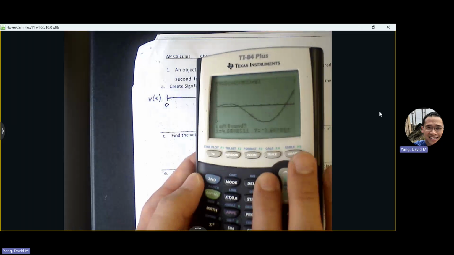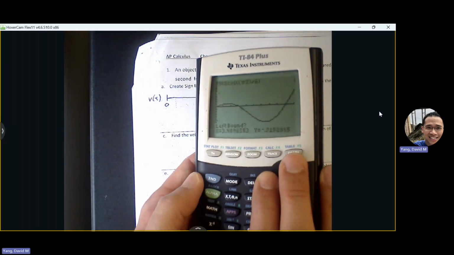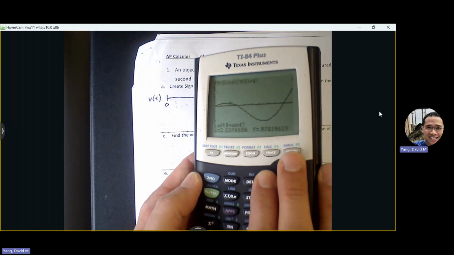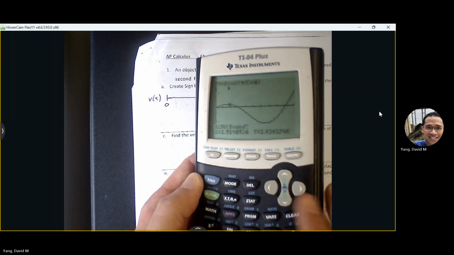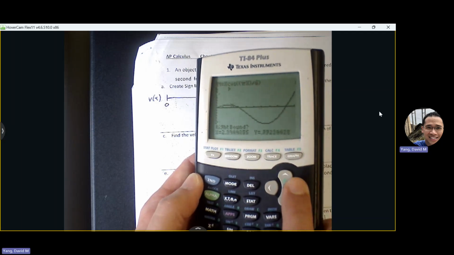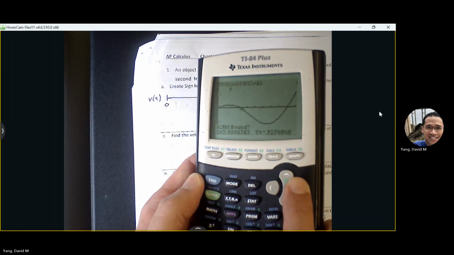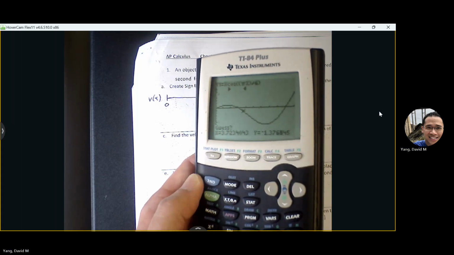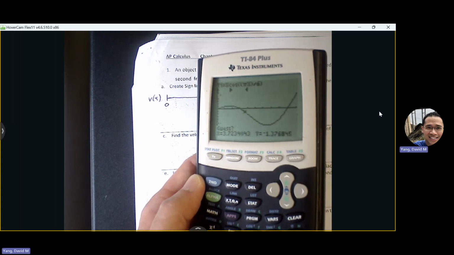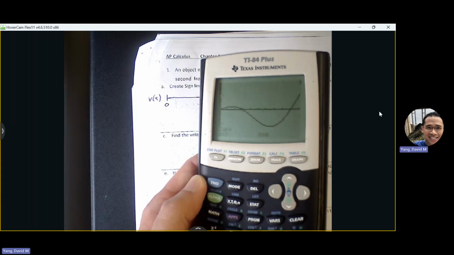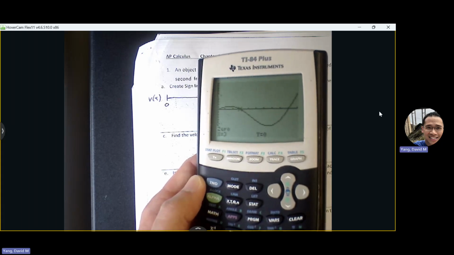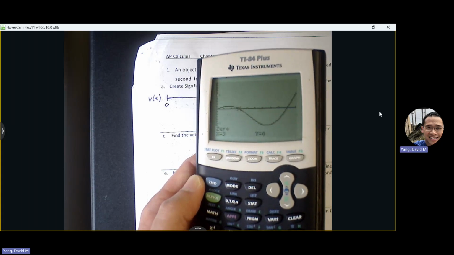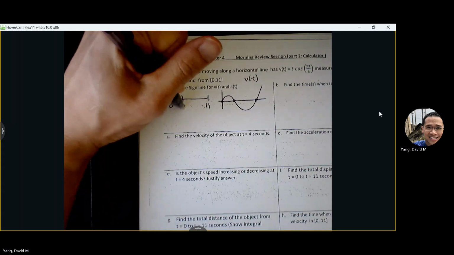Then you scroll to a point to the left of your x-intercept, hit enter. Scroll to a point to the right of the x-intercept, hit enter again. Then it'll say guess, question mark. You can hit enter a third time, and the calculator will zero in on that x-intercept for you. In this case, it gives you 3. So there's an x-intercept at 3.